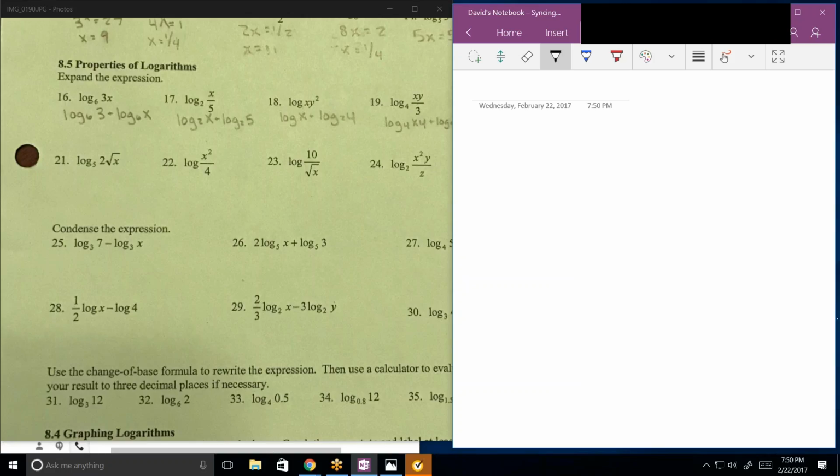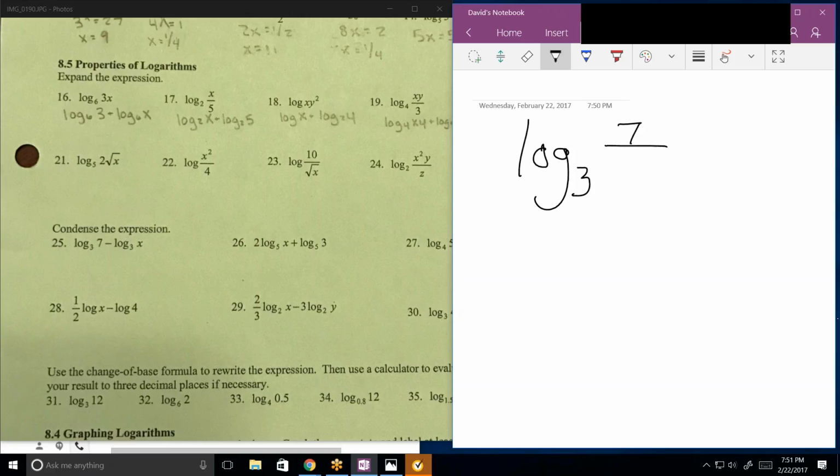So 25 is going to be what? Would it be a single log expression? Would it be log 3 of 7x? Is subtraction or addition happening? Subtraction. Subtraction goes with what, multiplication or division? Division. So it would be log 3 of 7 over log 3 of x?